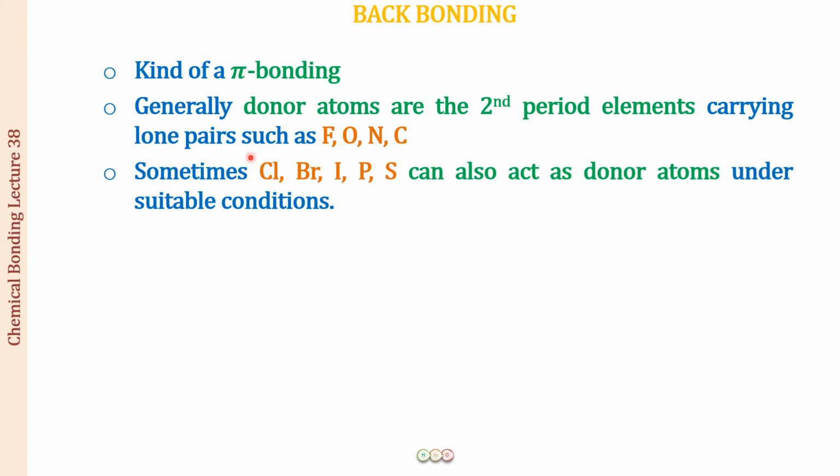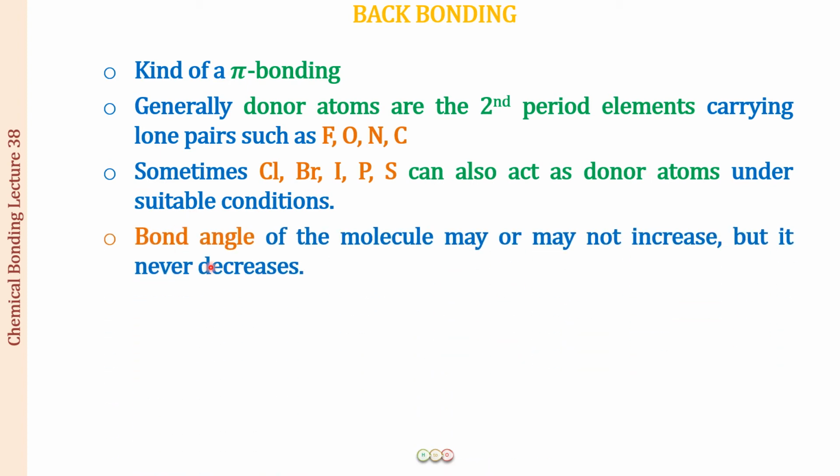Next, sometimes we will see that chlorine, bromine, iodine, phosphorus and sulfur also act as donor atoms, but this is going to be a rare phenomenon. There are some special conditions that we will see when these also act as donor atoms. The bond angle of the molecule, please do remember, may or may not increase, but it is never going to decrease.